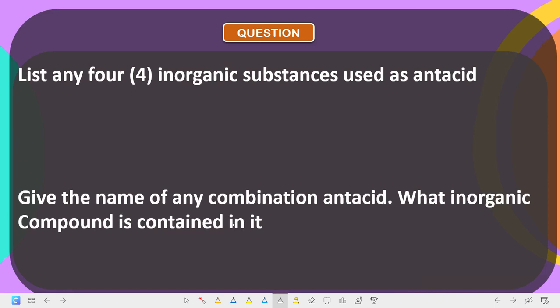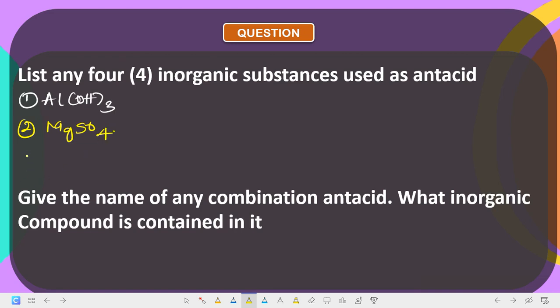Now list 4 inorganic substances used as antacids. So number 1, I take aluminium hydroxide. At least this one is pretty easy. What other one again? The one that was assayed in the lab today, magnesium sulfate, is an antacid.